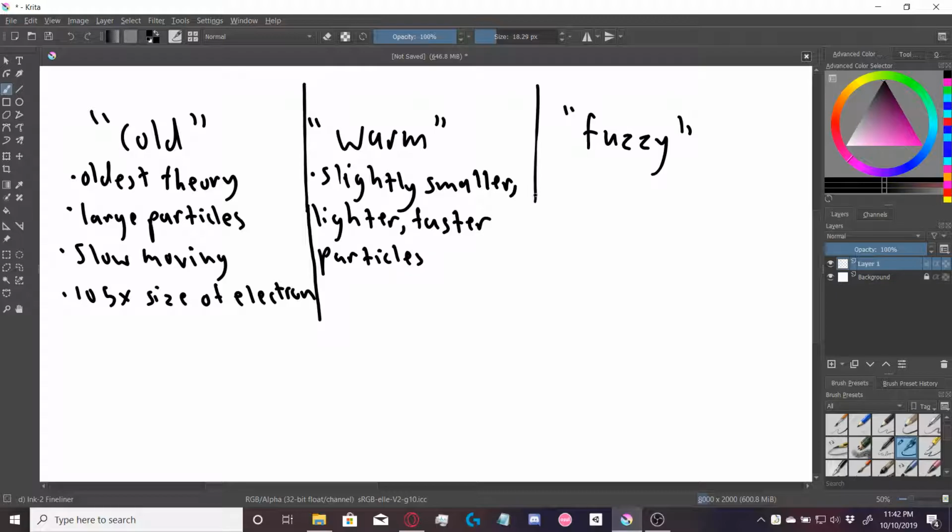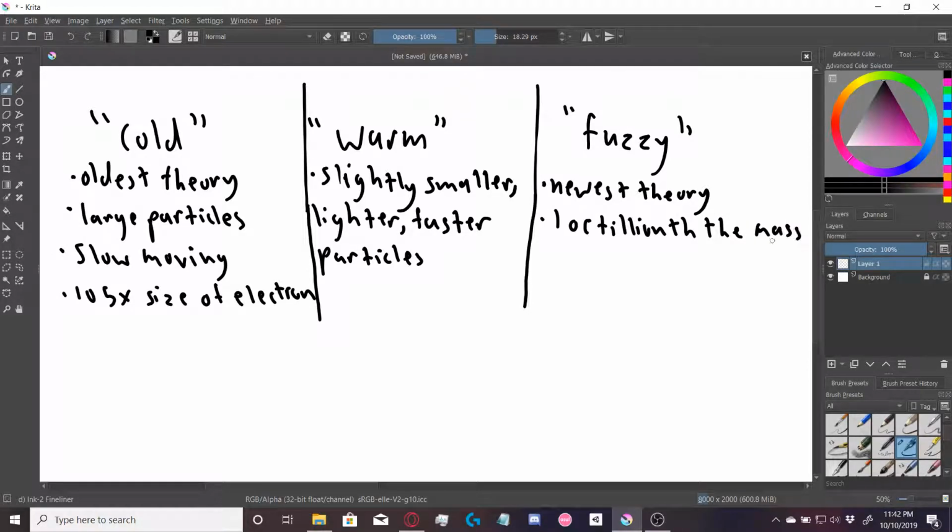And lastly would be fuzzy dark matter. It is the newest theory, and it is a theory that dark matter is made up of extremely small particles, like ridiculously small particles. Each particle is about 1/octillionth the mass of an electron.